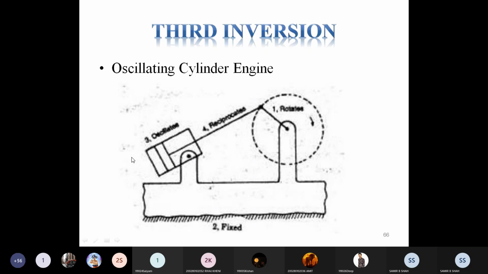Here it may be fixed, so it is called link 2. Here is the fixing point. Link 3 may oscillate, and this fourth one may reciprocate. As shown in the figure, link 3 is the cylinder.